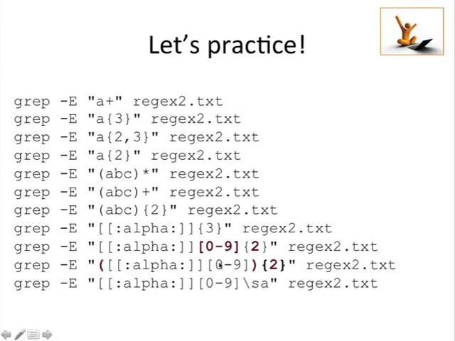Let's modify it, and the key is this parenthesis. That will change everything. We put the parenthesis right here, and suddenly the 2 will refer to the whole expression in the parenthesis. So now we are talking about the alphabetical character and digit occurring twice.